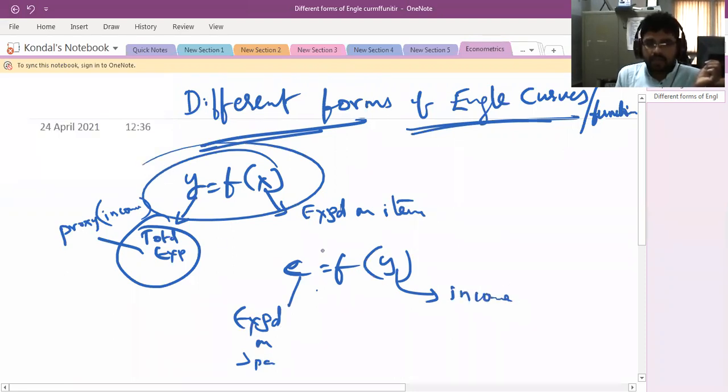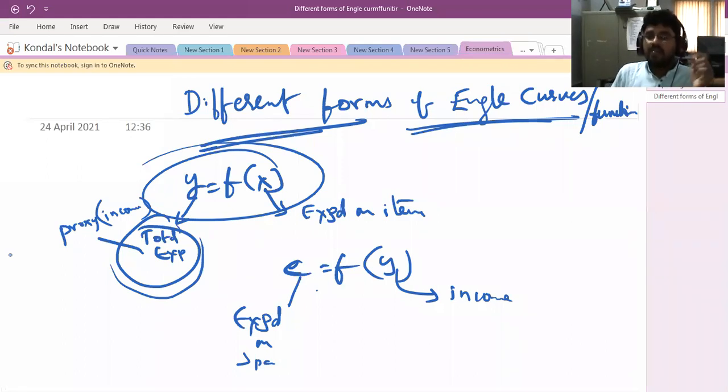Why am I saying it is different? Because if you don't know the total expenditure, how do you take the data? Some people may not state total expenditure because they cannot write down each and every thing in their accounts, how much they spend, right? So basically we will take their income as a proxy for the total expenditure.